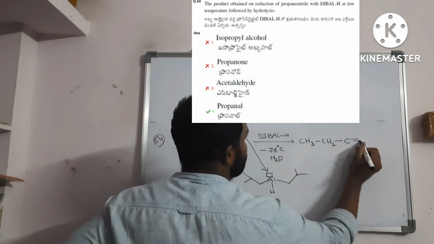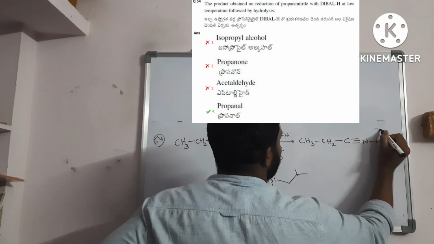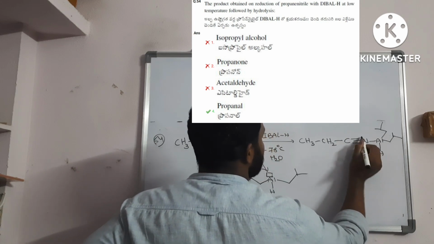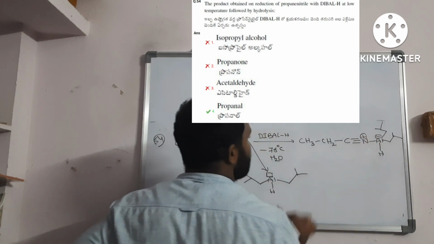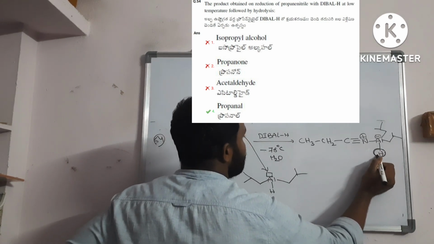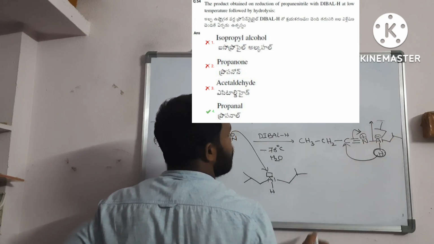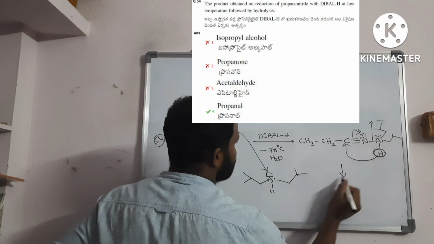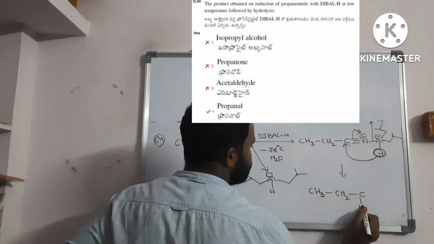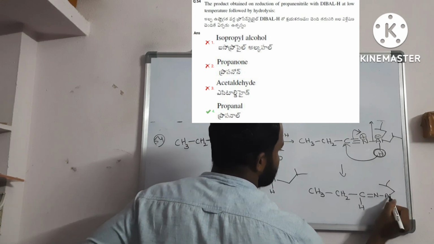You will get one isobutyl group here, one isobutyl group here, and hydrogen here. Nitrogen gets a positive charge, aluminium gets a negative charge. After this, the hydrogen is donated to this carbon, the bond migrates, and you get CH3, CH2, CH double bond N, and Al.